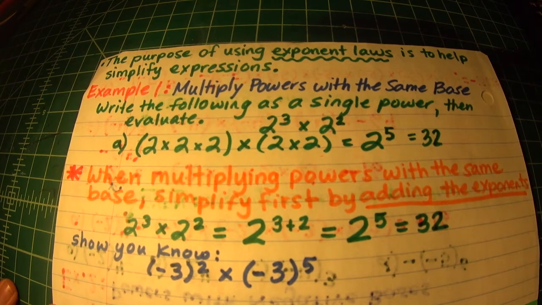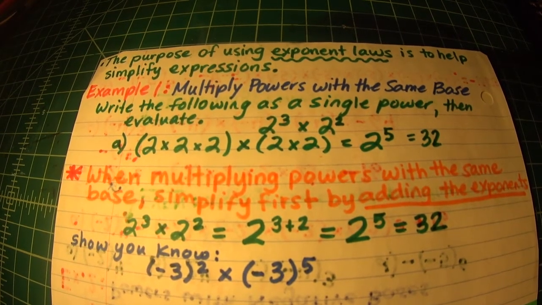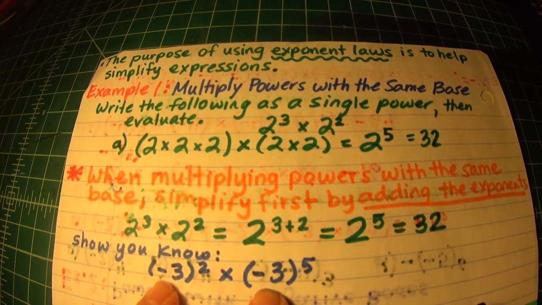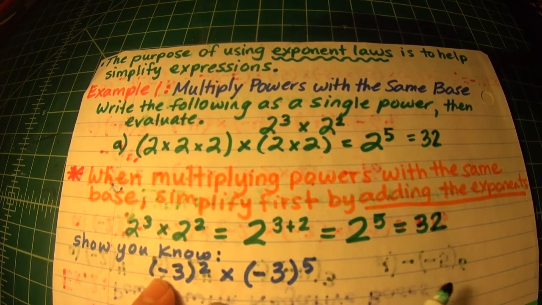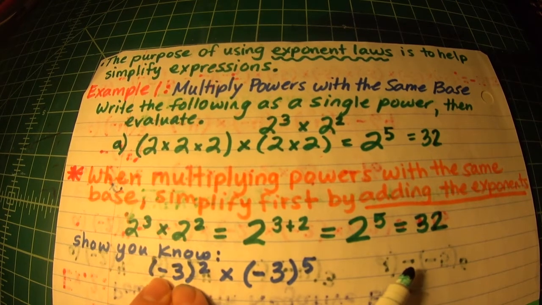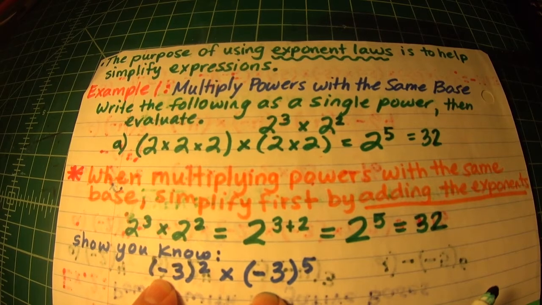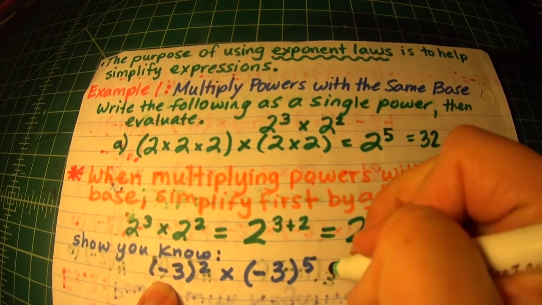Okay, so now that you've had a chance to give this a try on your own, let's take a look at it together. So, like I said, both of these -3's are in brackets, so that means in both of these cases, the -3 is the entire base. So we do have the same base here, which means we can apply this exponent law.